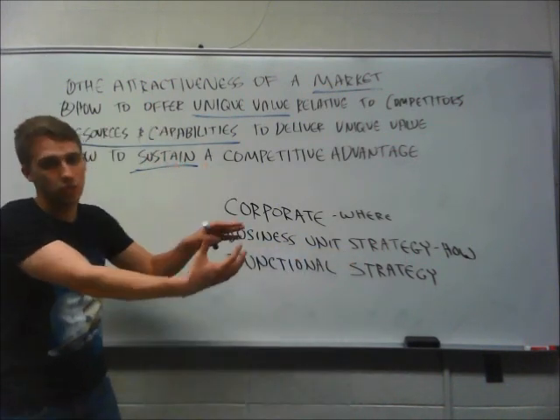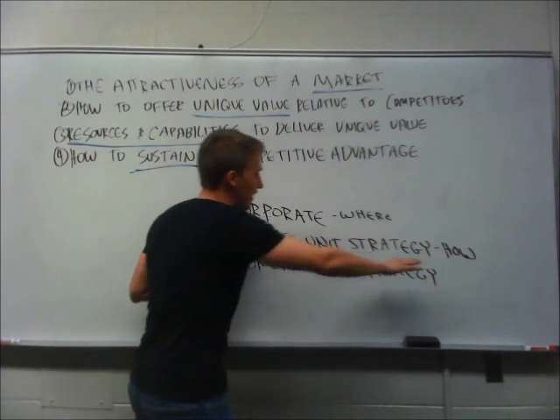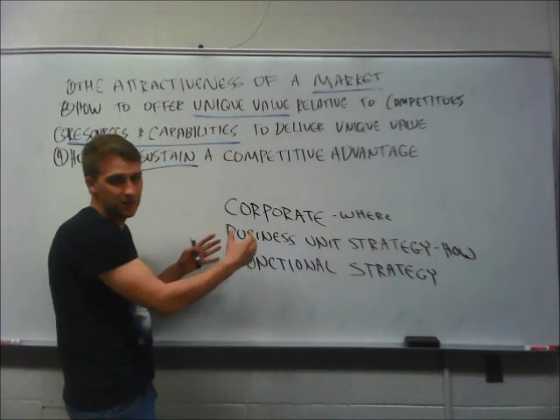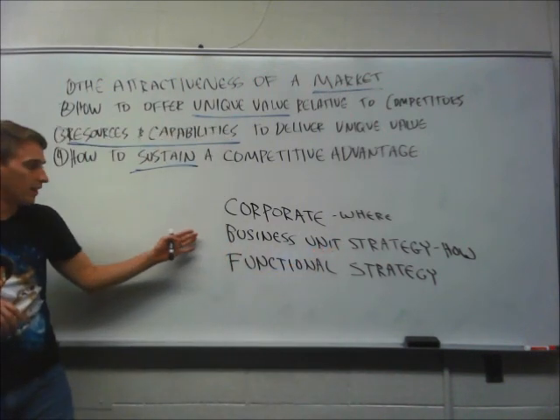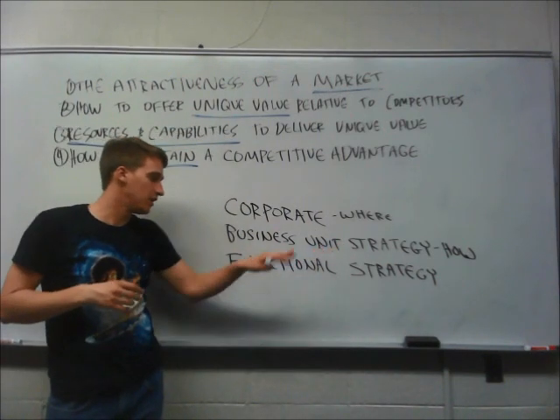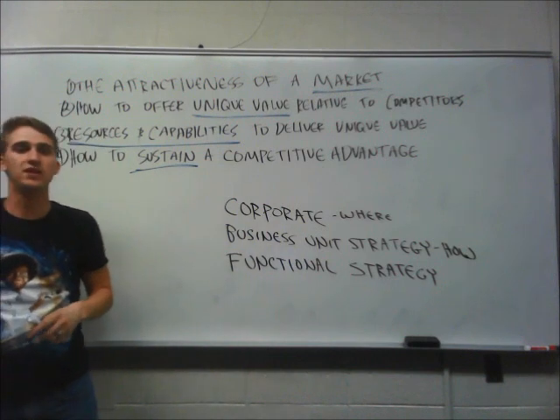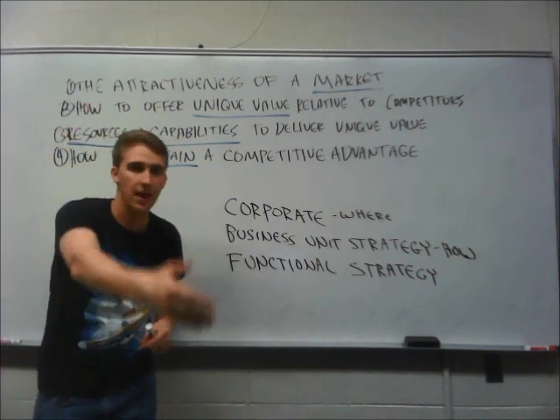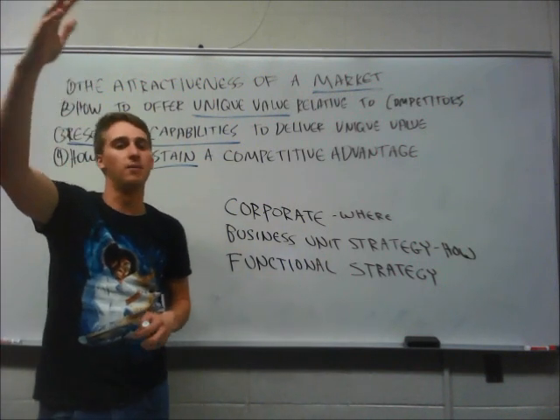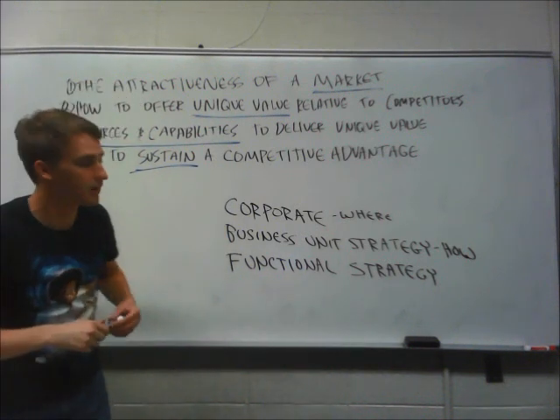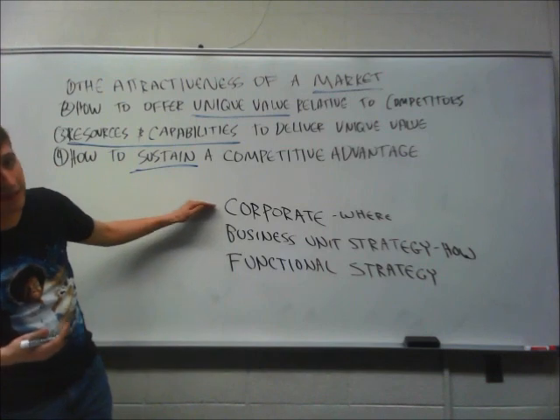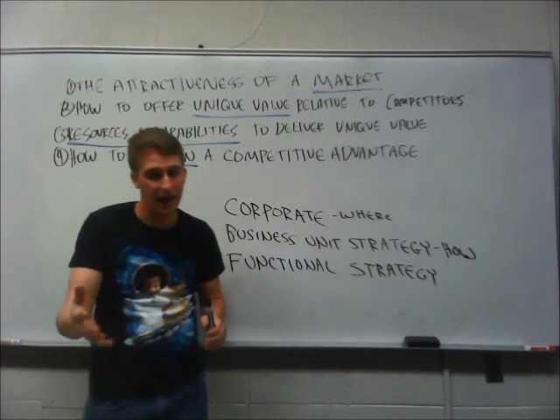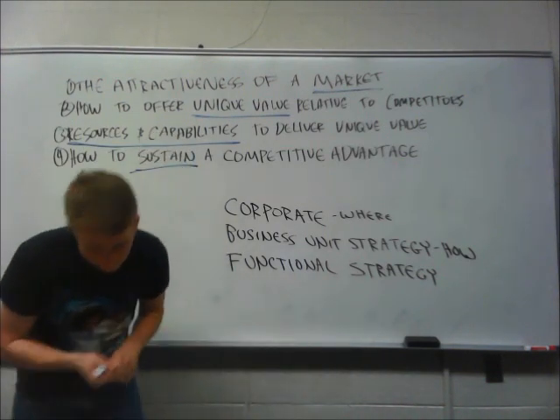So when they come up with a business unit strategy, functional strategy would be, what is marketing going to do? What is sales going to do? What is research and development going to do? How are they going to take this strategy, which came from here, and apply it? How are they going to implement it?